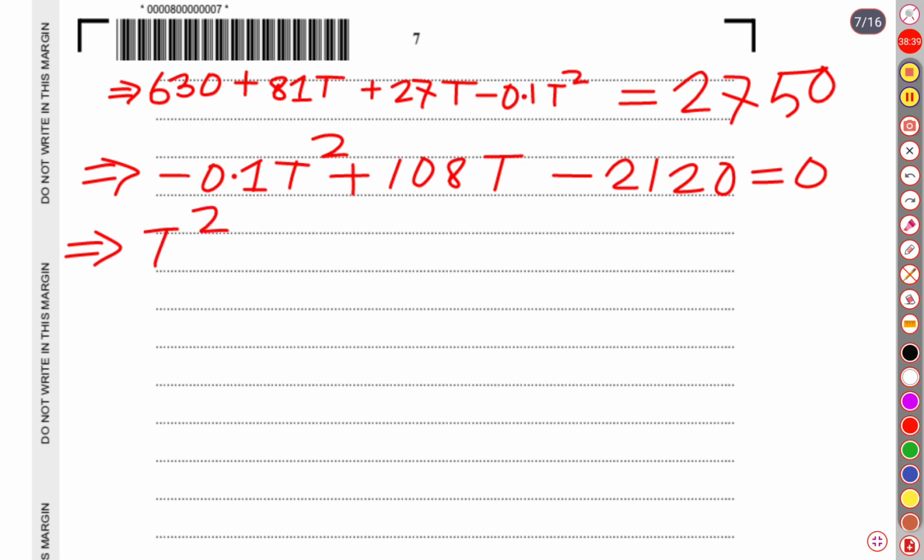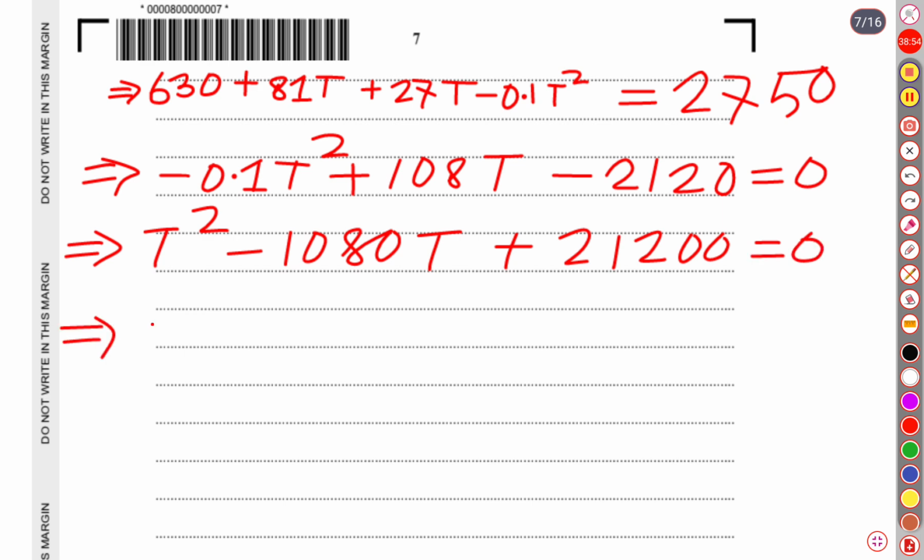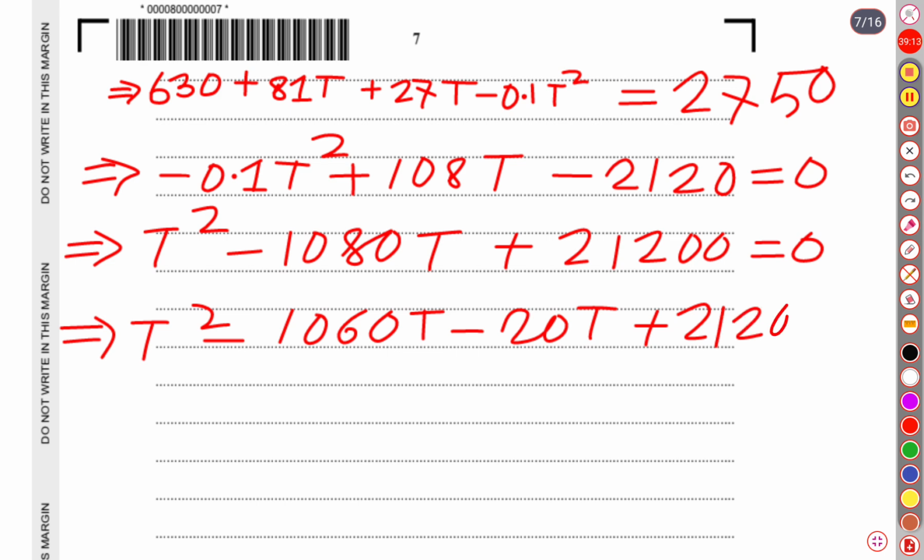We are dissolving the negative symbol, T squared minus 1080T plus 21200. Now if we break up the middle term, it may be T squared minus 1060T minus 20T plus 21200 equal to 0.